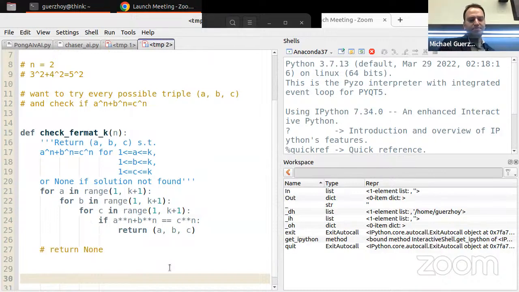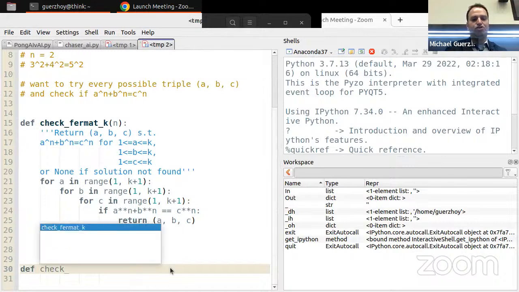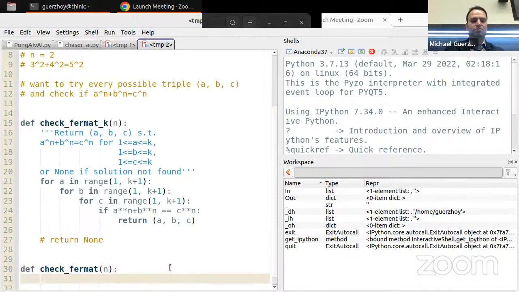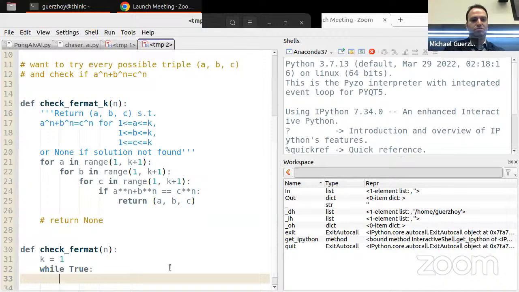So, okay. So now we can say, okay, fine. So I can now check everything for all the possible Ks. Or I guess we can display the triple here.